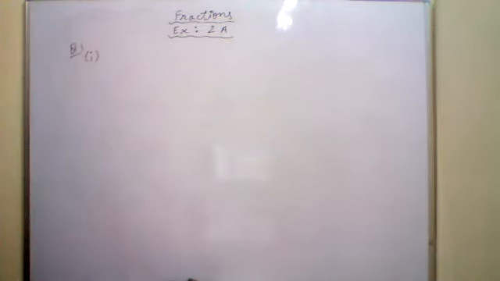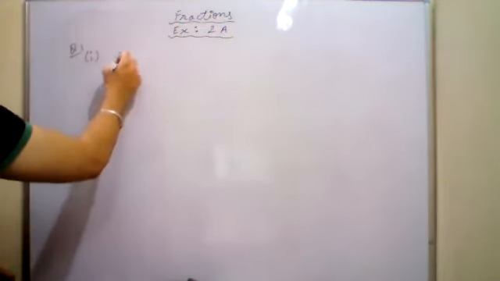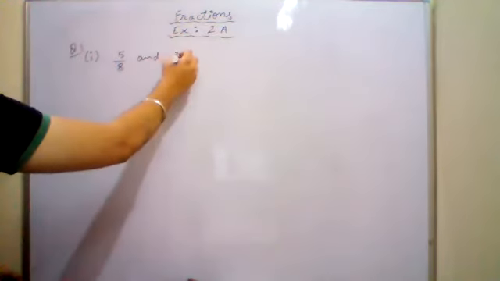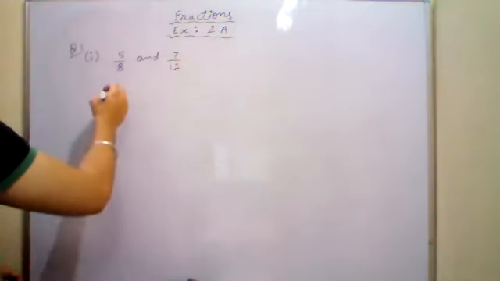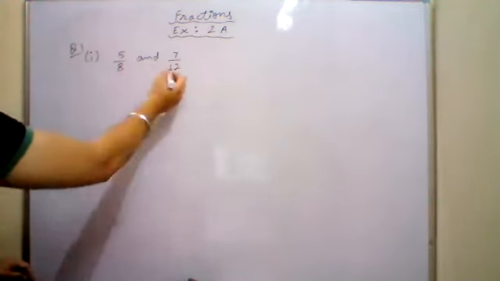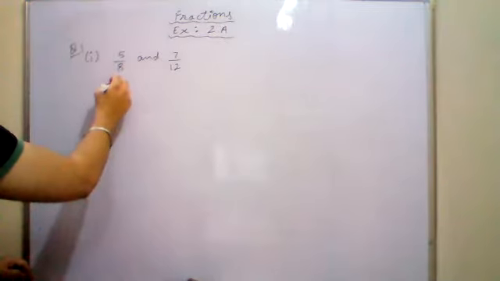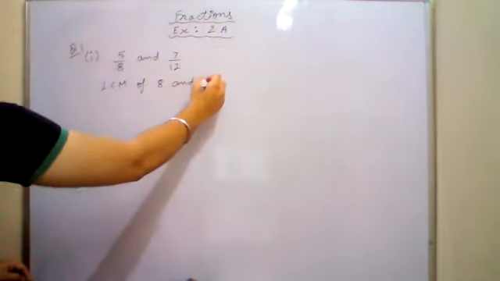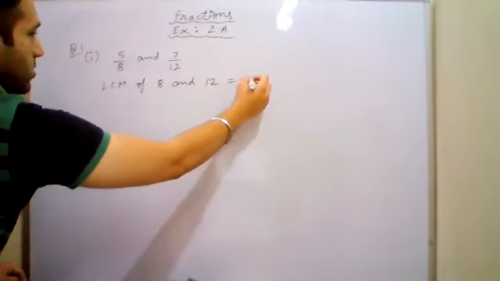You have to compare the numbers: 5/8 and 7/12. To compare the numbers, you will use this method. Find the LCM of the denominators of the two numbers. दोनों numbers के denominators का LCM निकालेंगे. LCM of 8 and 12 is equal to 24.